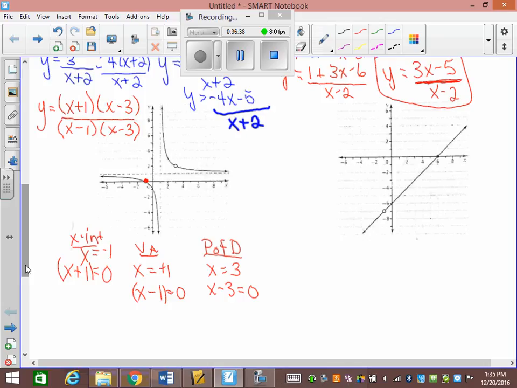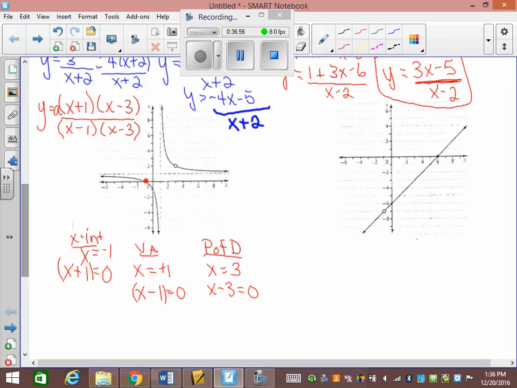What can't I forget to solve for? A. Remember, every single time in any of the units, we always have to solve for that stretch factor and see if there is one there. So I'm going to have an A here, and then I pick a point.